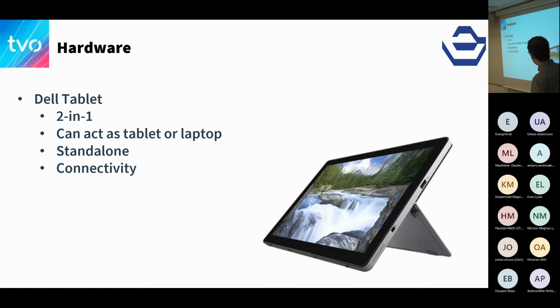And then also when you are back at the office, this can be used as a laptop easily. It comes with a keyboard, and it can be easily connected to an outside bigger screen. And it's easy to synchronize the database between this and the central database you have at the office. And about the connectivity, I know, like in TVO, you are quite strict about connectivity, so like wireless networks and Bluetooth and things like that.